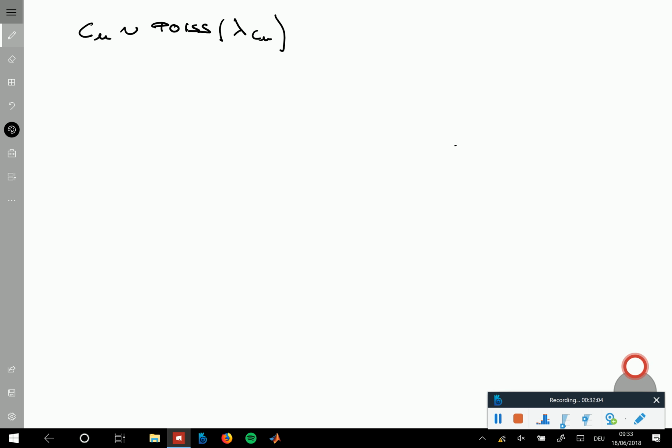And we now look at this new random variable that we just discussed. What we are actually interested in is the distribution of this. This is what we want to derive.